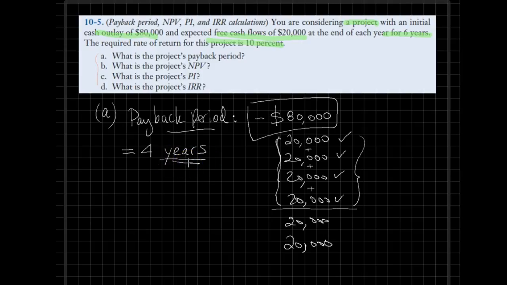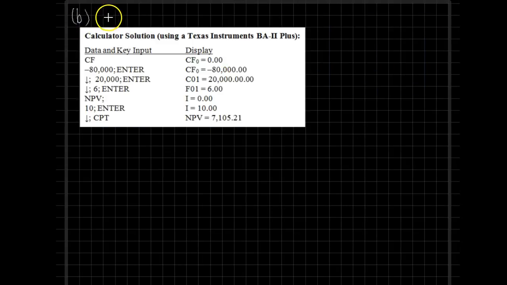Now let's focus on the others: net present value, profitability index, and IRR calculation. In the case of net present value, like in our previous video, the left hand side is the key input that you are supposed to enter into your calculator, and I also have the display of your machine as well. So make sure to only enter the things on the left hand side.